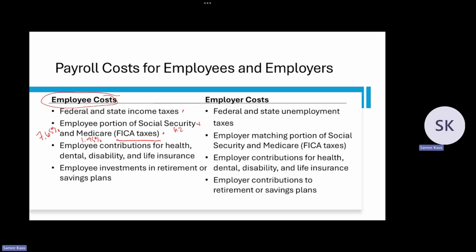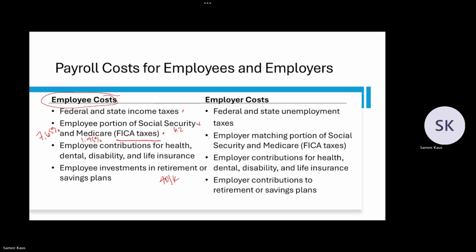We're going to fact check that on a slide in a little bit, but we have to pay that portion of the FICA tax. We also have contributions for health, dental, disability, and life insurance, right? If we have insurance, that's withheld from our paycheck. And then we also hopefully are investing in our retirement, our 401k. Those are all things that are just withheld from our paycheck.